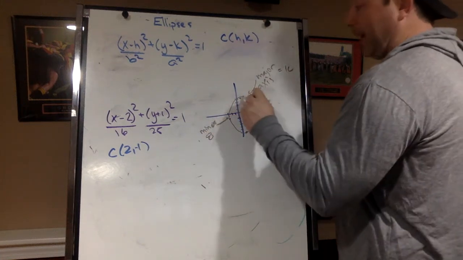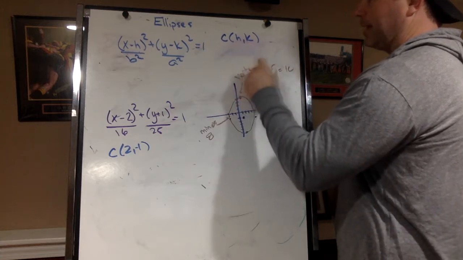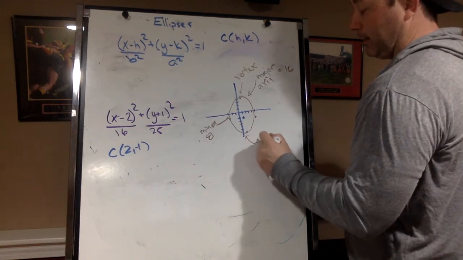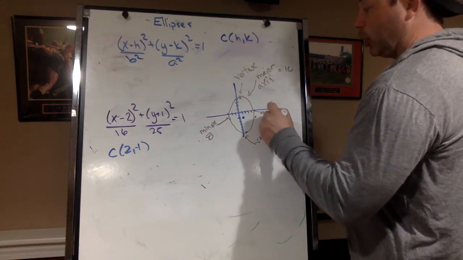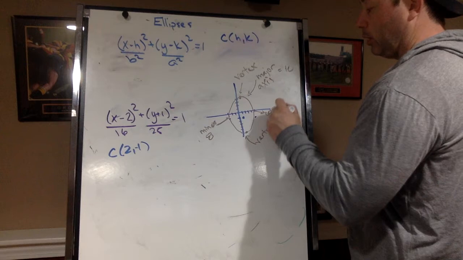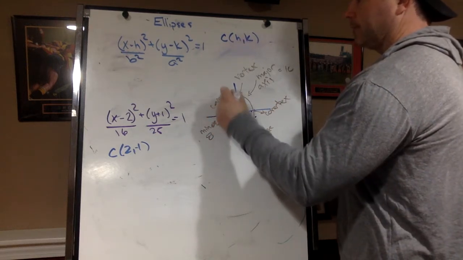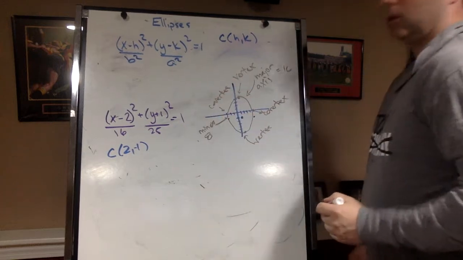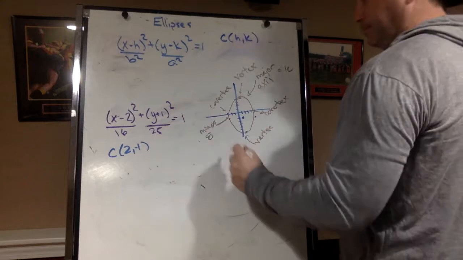Now, the major axis ends, those are our vertices. So we have a vertex here and a vertex down here. The small side, co-vertices. So co-vertex, co-vertex. Okay, so we could label those if we want.